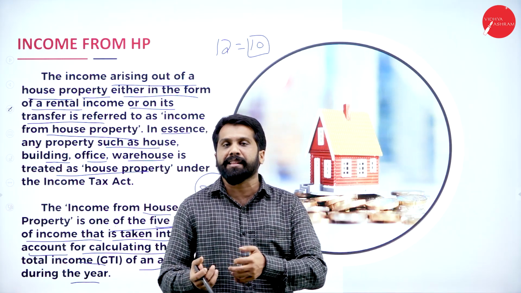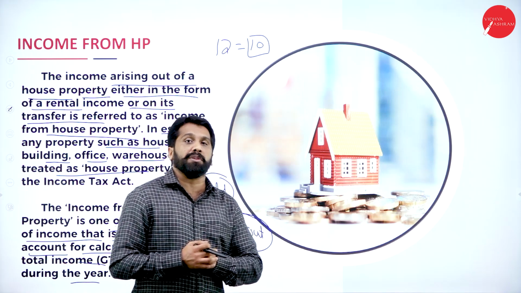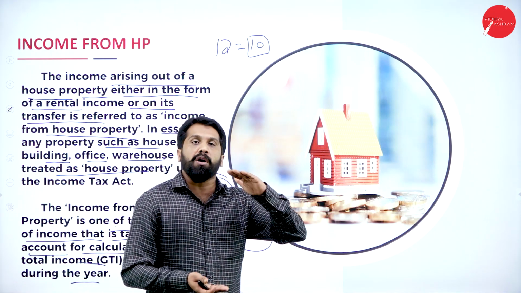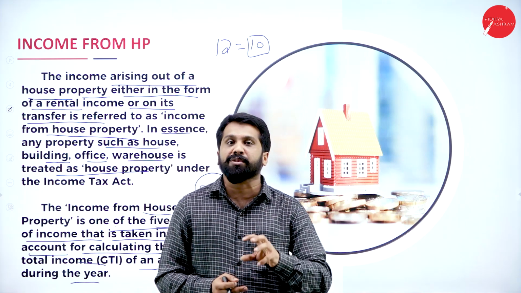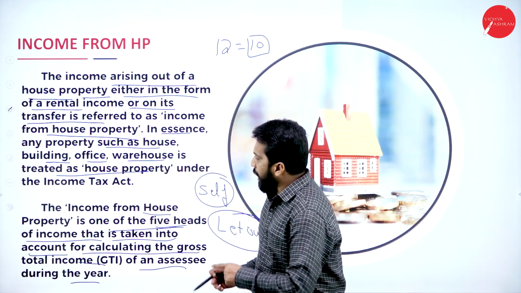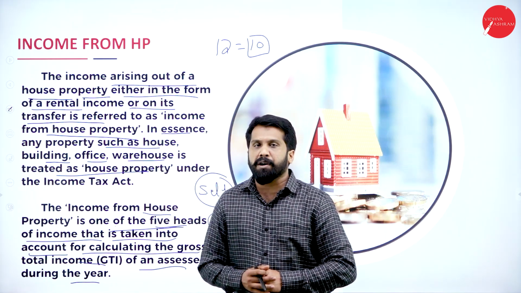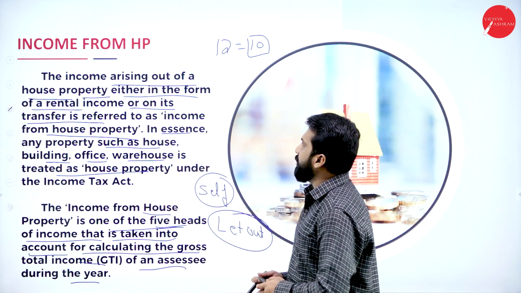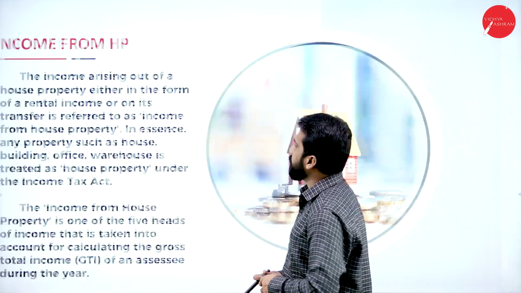Whatever other sources, like your lottery income, interest on your deposit, everything is to be added to your salary. All put together, we call it total income. If you want to calculate the total income, you have to include your income from house property also. Clear? Yes. This is called your income from house property.